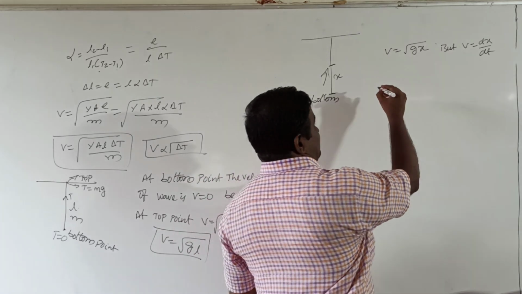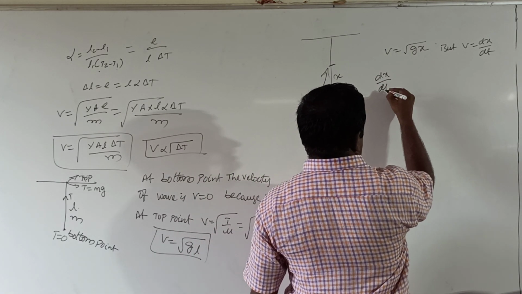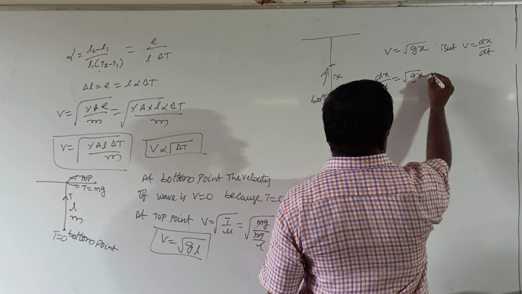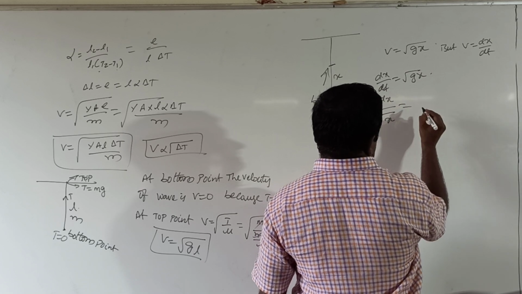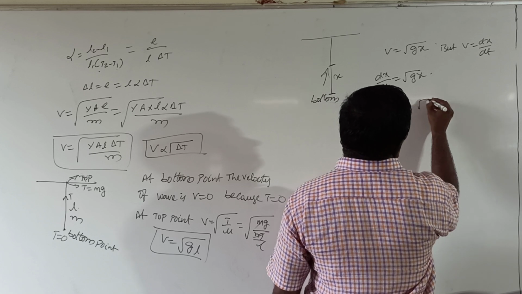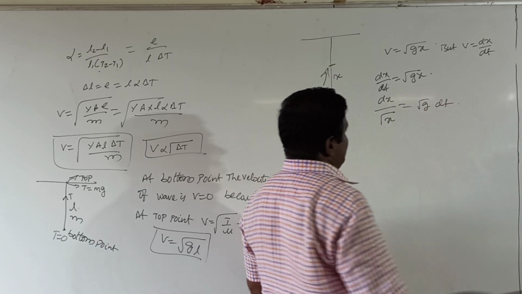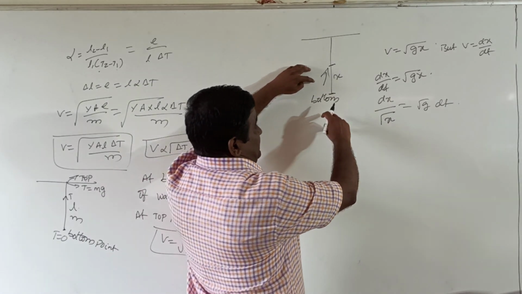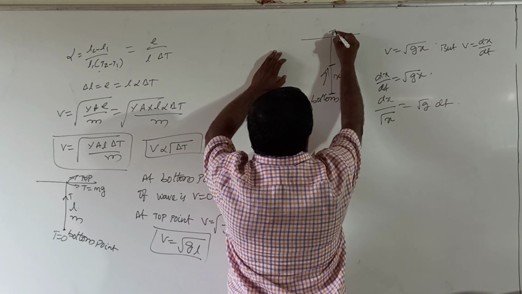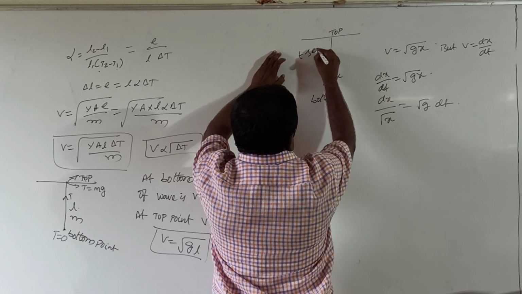Then dx by dt equals root gx, so dx by root x equals root g into dt. To find the time taken by the transverse wave to travel from bottom to top, call it t seconds.